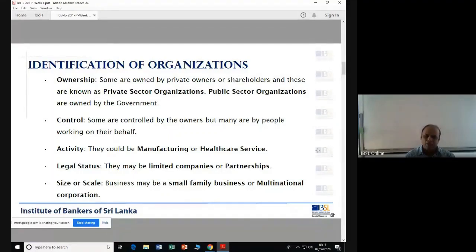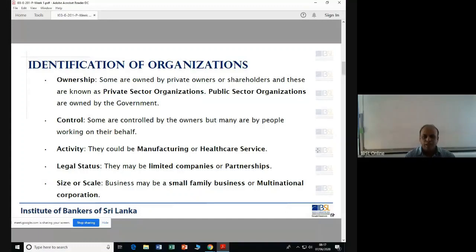The other category of organization, in terms of ownership, is what I call public sector organizations. It's very clear what a public sector organization is: the ownership lies with the government. When it is not owned by the government, it is going to be called a private sector organization. But you might ask, can there be a situation where both could be there? Yes, of course.